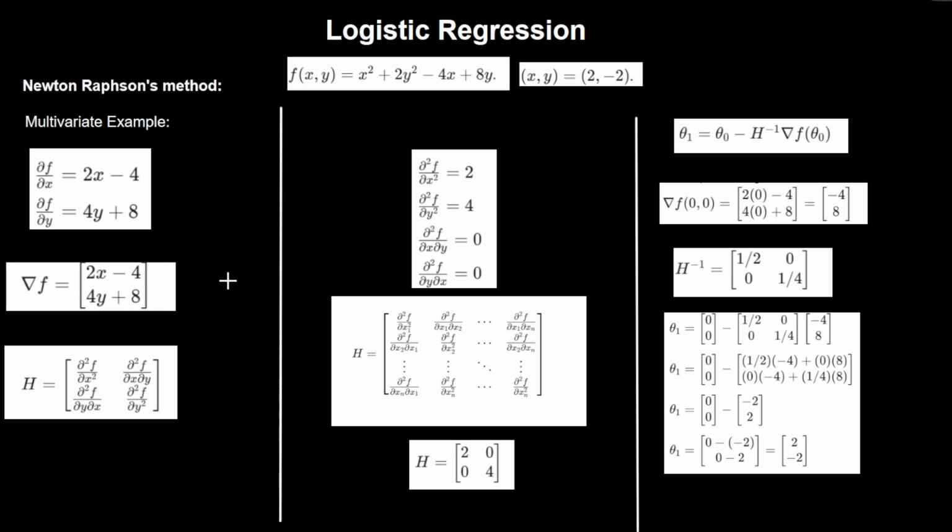Unlike a single value, because we have multivariate, you'll have a vector of the gradient values. You just plug them in here. So this is the gradient vector. The next step is to find the Hessian matrix, because this is our update rule for the multivariate example. Here we need to find the gradient and also the inverse of the Hessian matrix. So let's see what we mean by the Hessian matrix.